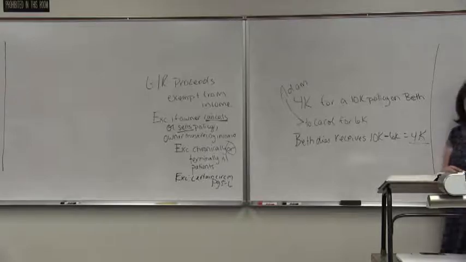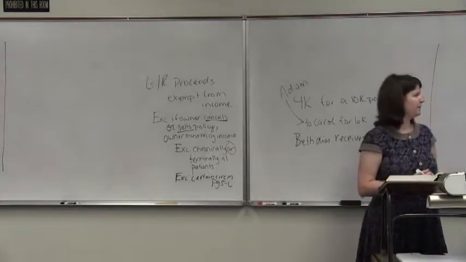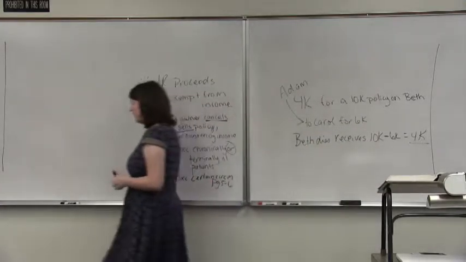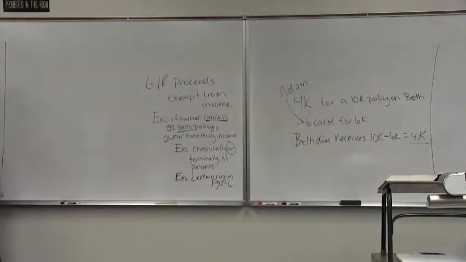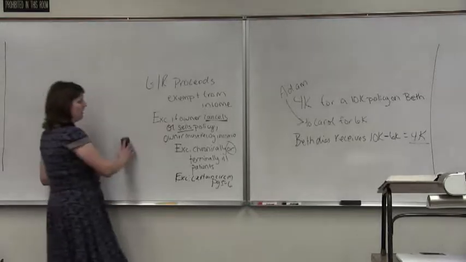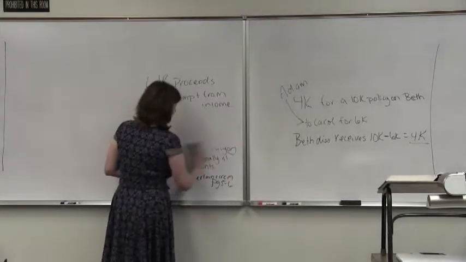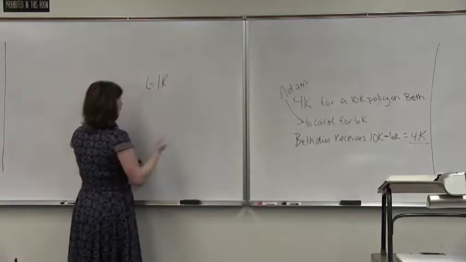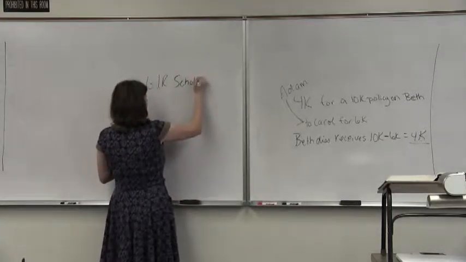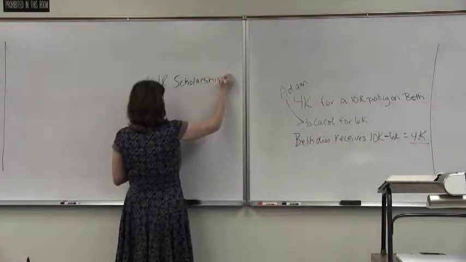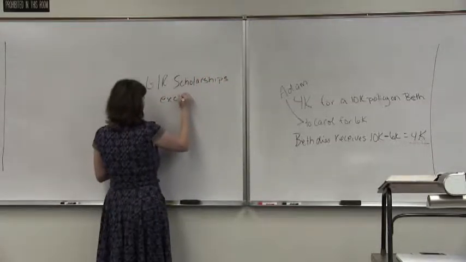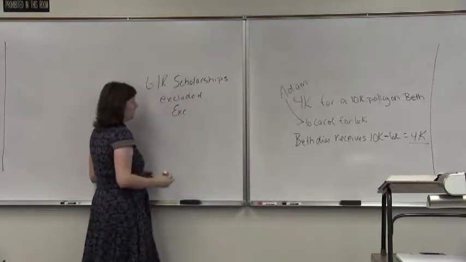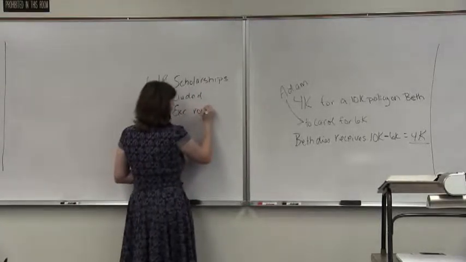Next topic, scholarships. Okay. Luckily for y'all, scholarships are not included in income. So they are excluded from income. That is the general rule. There is an exception if the scholarship is used to pay room and board.